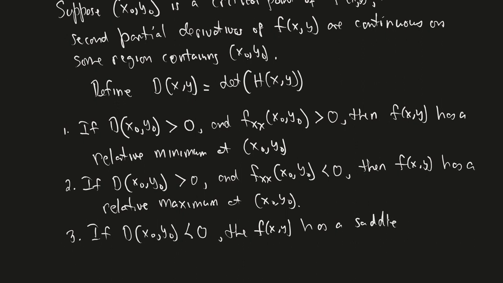So that's where you get that strange twisting of the surface. So a saddle point at our x0, y0.